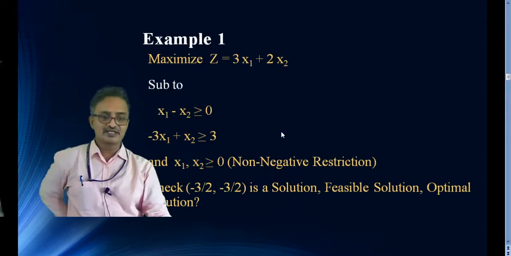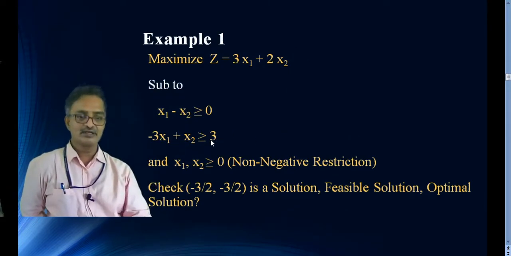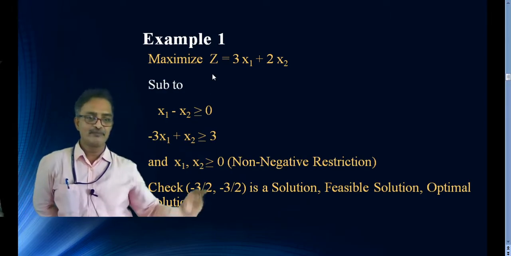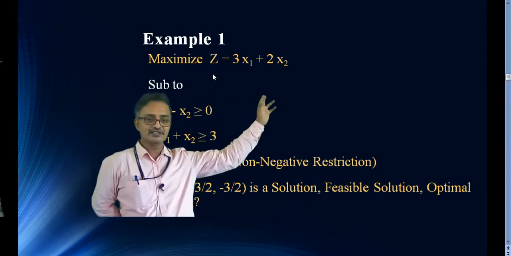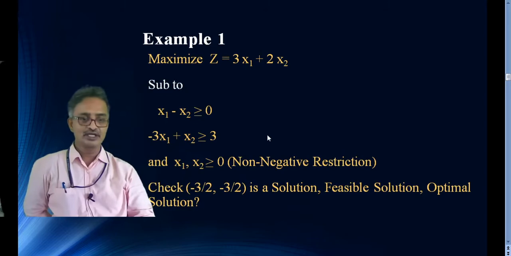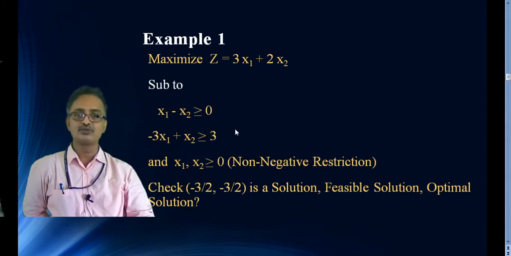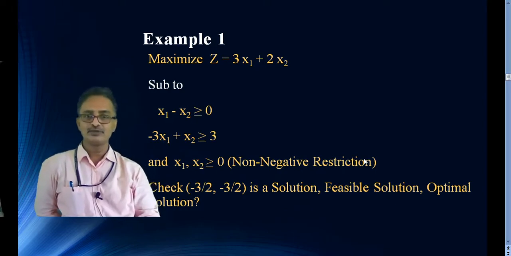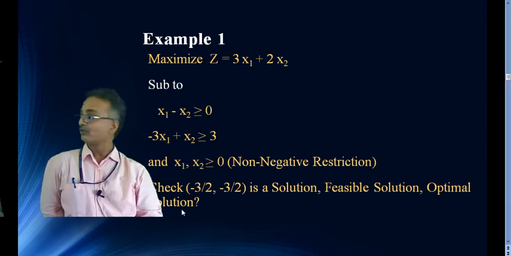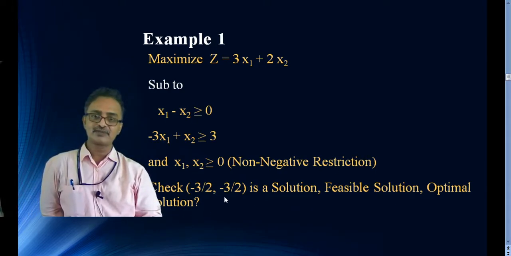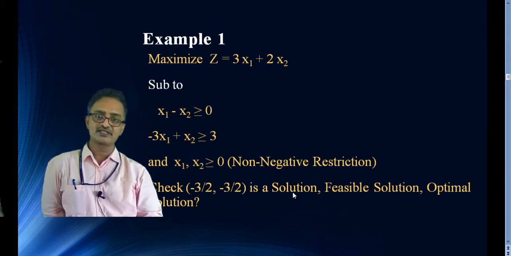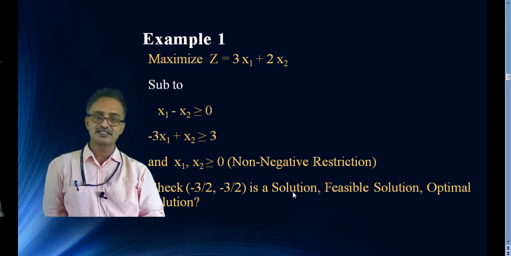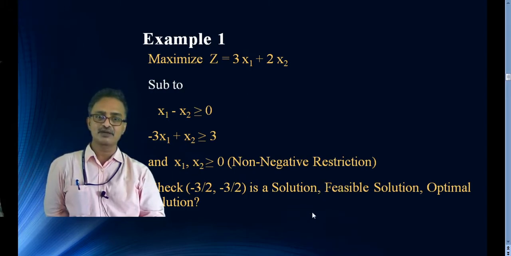Let us see a simple example, where we maximize the function 3x1 plus 2x2 subject to constraint 1, constraint 2, and x1, x2 are decisions that are non-negative in nature. Now if the point given is minus 3 by 2, 3 by 2 as x1, x2 in your solution space, let us check whether this is a solution, a feasible solution or an optimal solution.